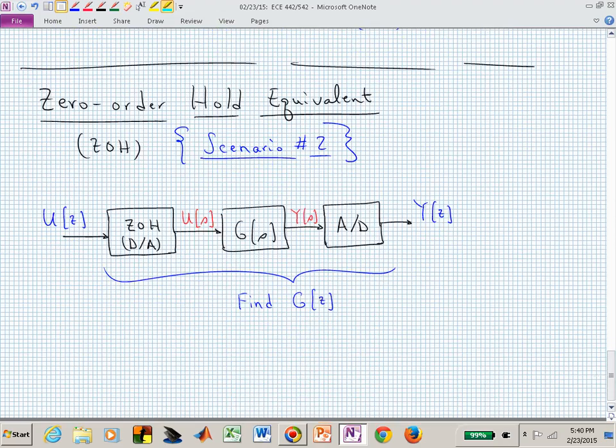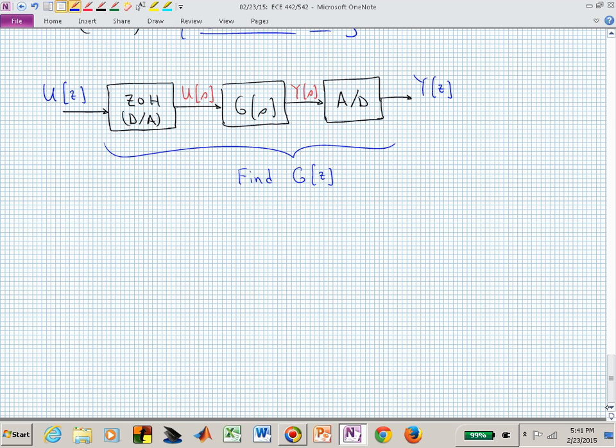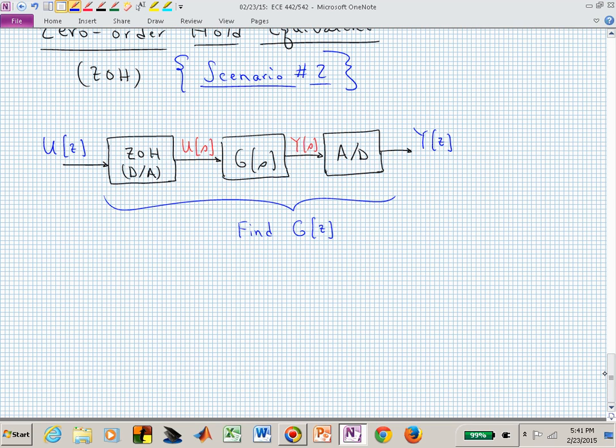Let's then get started. As I said, we have two different scenarios, scenario 1 and scenario 2. Logically, we're going to start with 2, but this is the one that I want to make sure we are comfortable with. Let's look at what's happening to this particular process when we are doing this zero-order hold. We have a zero-order hold that takes the digital signal U of z into an analog signal that's compatible with our analog plant, G of s.